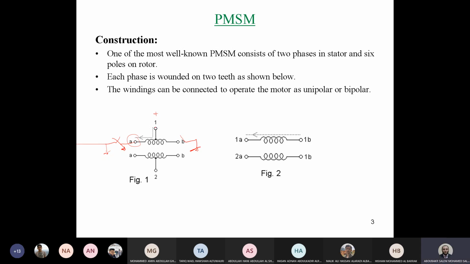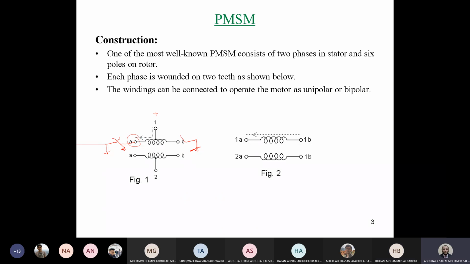We have terminal A, then a switch connecting to ground. If this switch is closed and the other one is open, the current will move from positive to negative. It's DC. So the current will flow in only one half of the coil. Is it right? Yes.